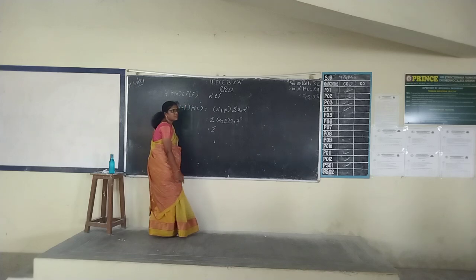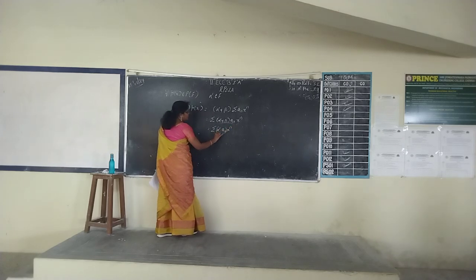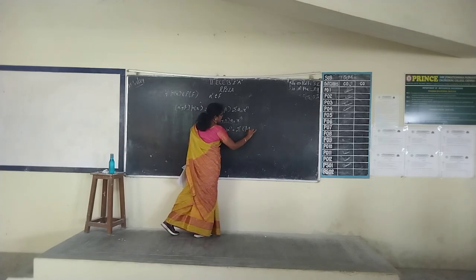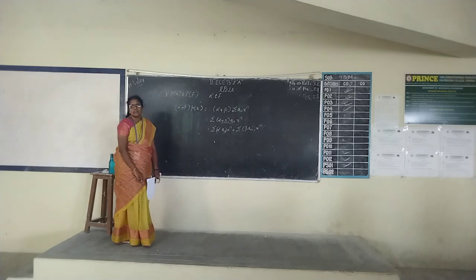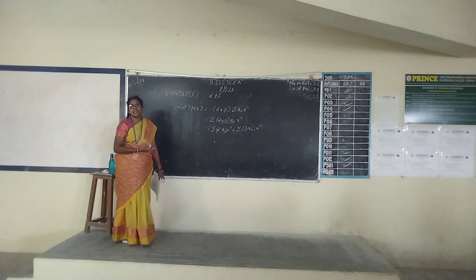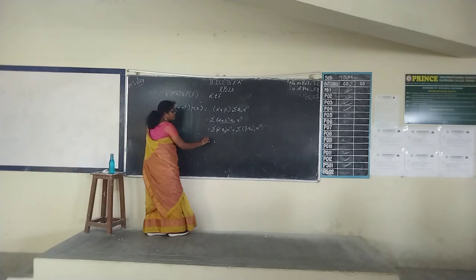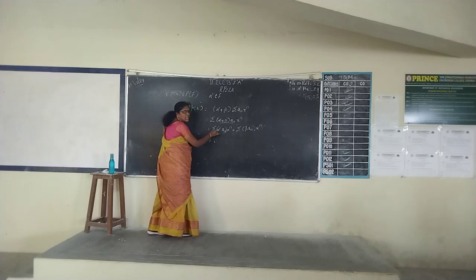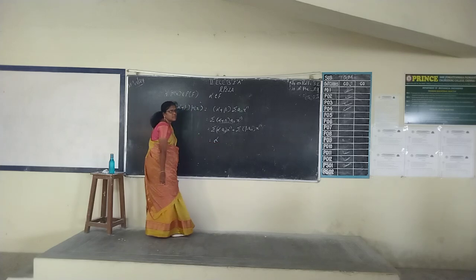Summation of alpha an x power n plus summation of beta an x power n. Since it is only ordinary addition and multiplication, how do you rewrite this one? Scalar alpha, the summation will be, comma.